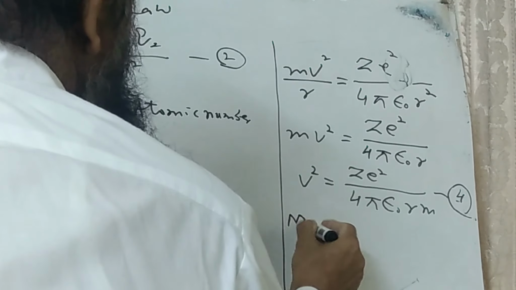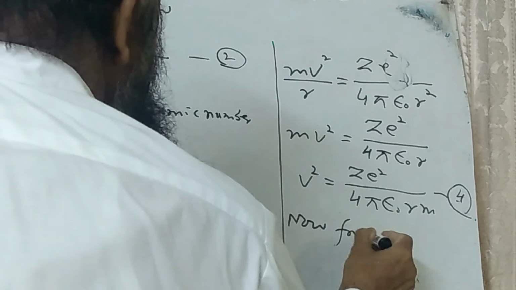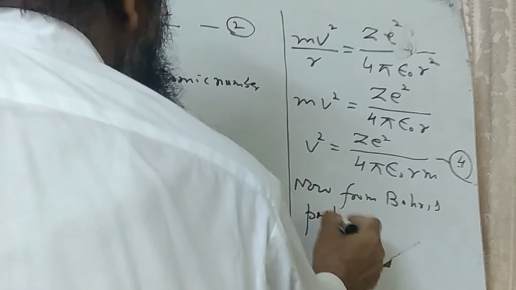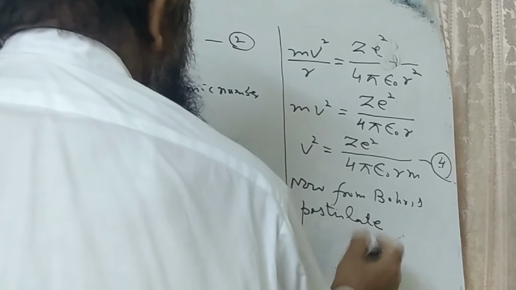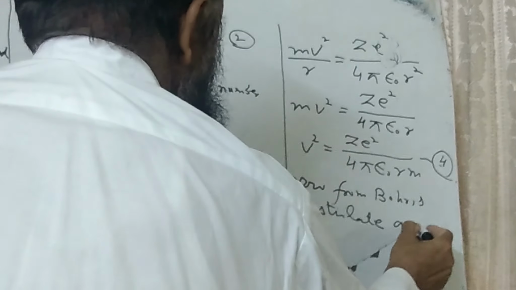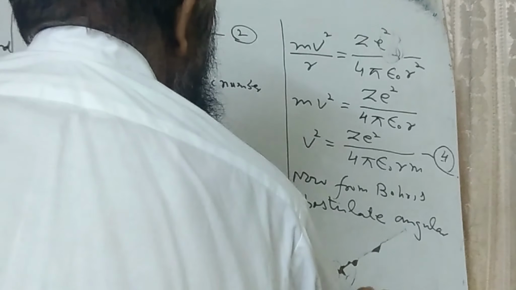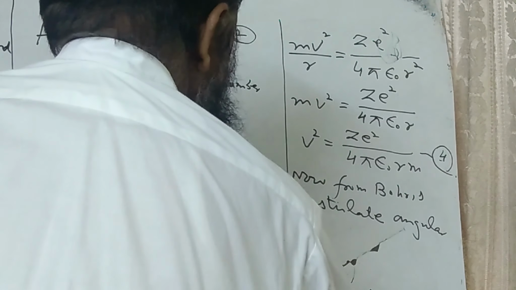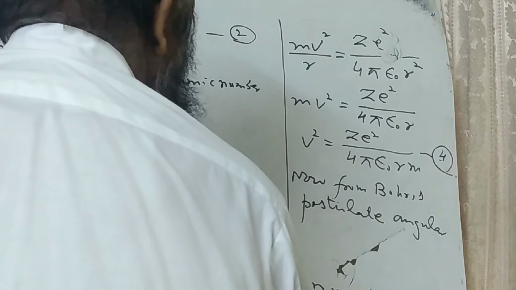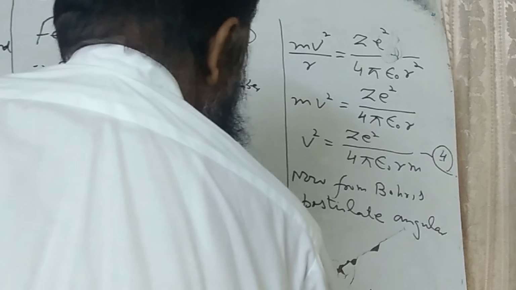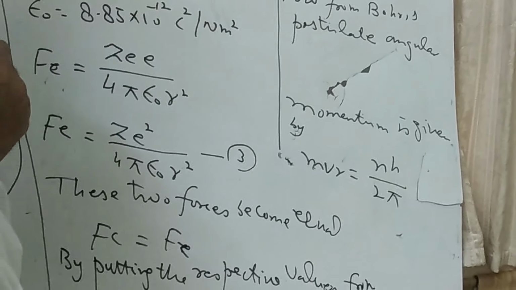Now from the Bohr postulate, angular momentum is given by mvr equal to nh over 2 pi, where n is the principal quantum number and h is called the Planck constant.